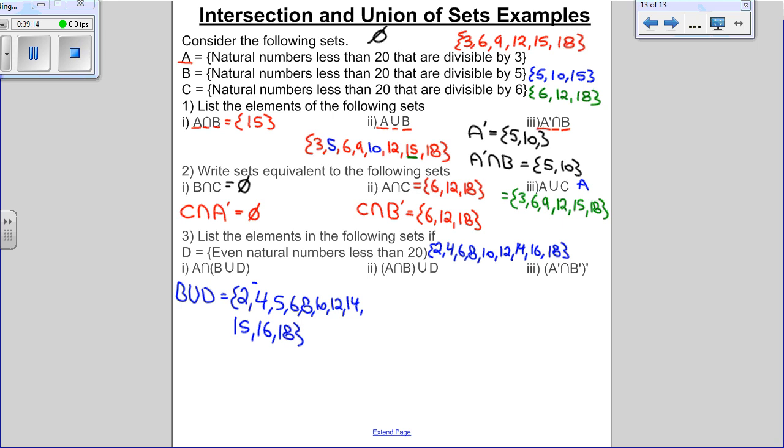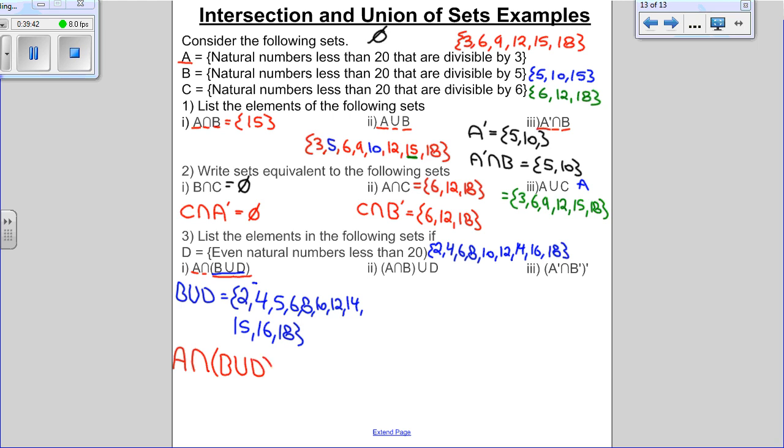So what things are in group A and are in this new one that we just created?